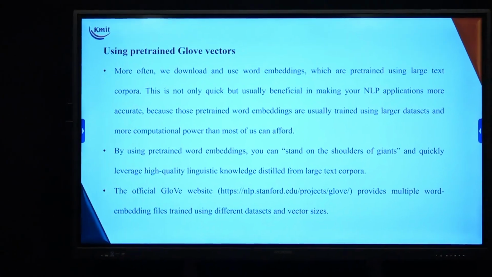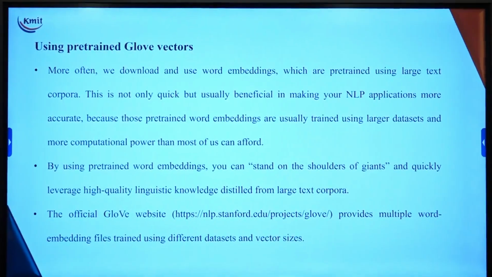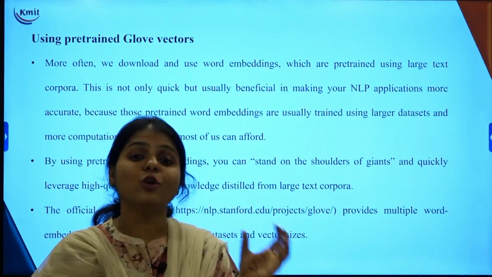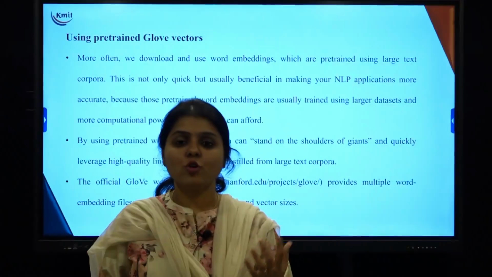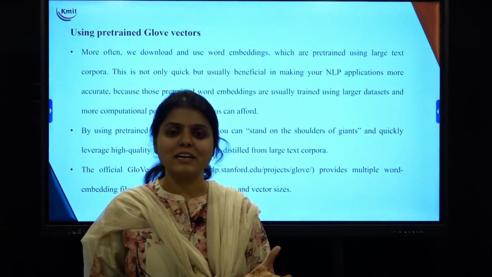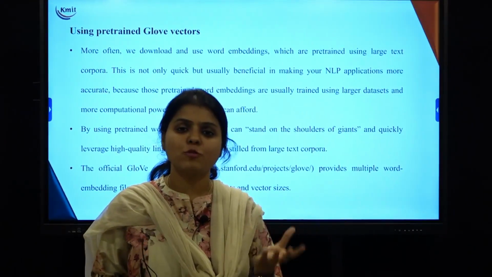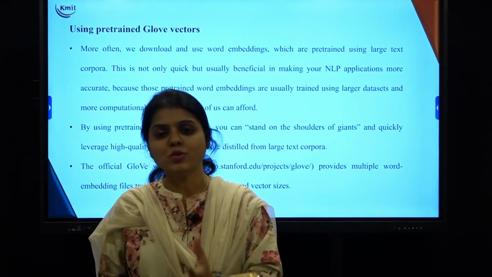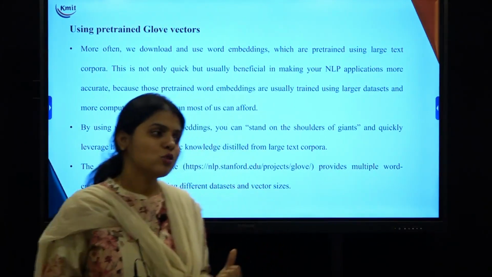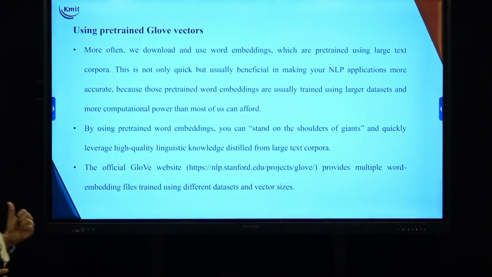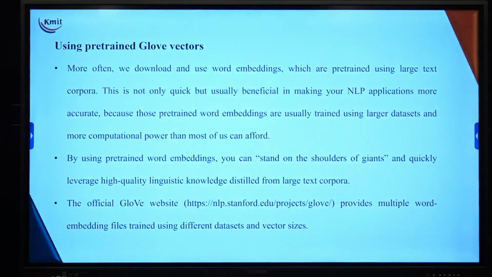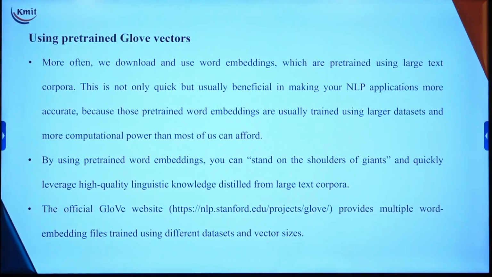Now when we talk about the GloVe model, we also have a few pre-trained GloVe vectors. We know the importance of pre-trained data, right? So instead of developing the model from scratch, we just use the features of the pre-trained model in the new model. So GloVe has pre-trained vectors also, and your GloVe model can be used along with the pre-trained models.